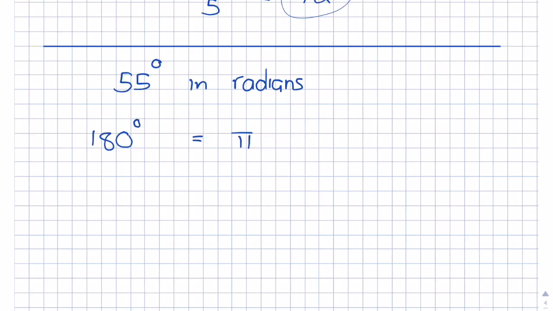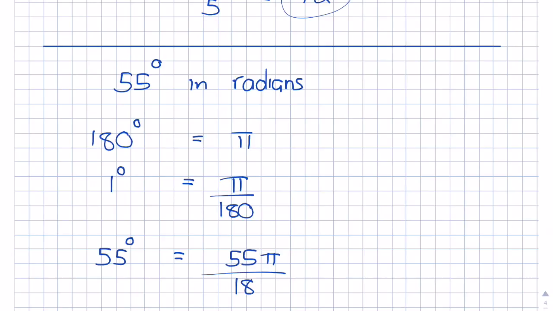So the easiest thing to do is to find out what 1 degree is. Dividing both sides of that equation by 180, I have 1 degree is pi over 180. So if 1 degree is pi over 180, well then 55 degrees must be 55 times bigger than that. So multiply both sides by 55, and I have 55 pi over 180.